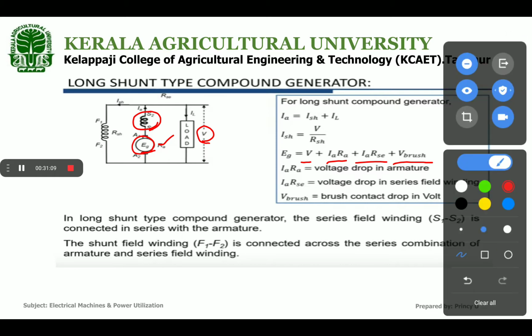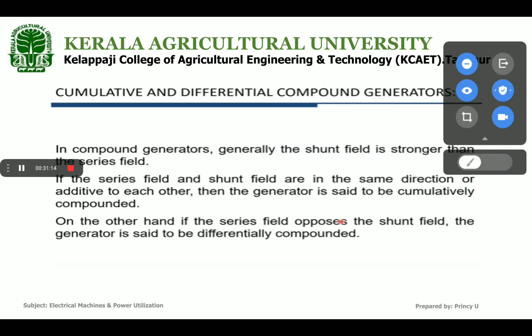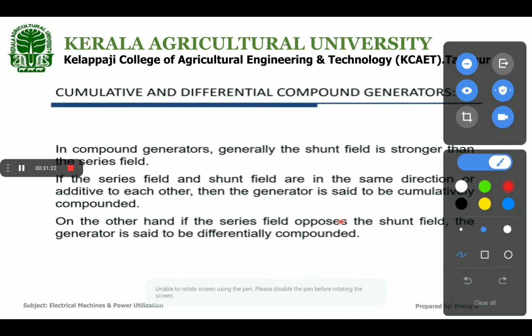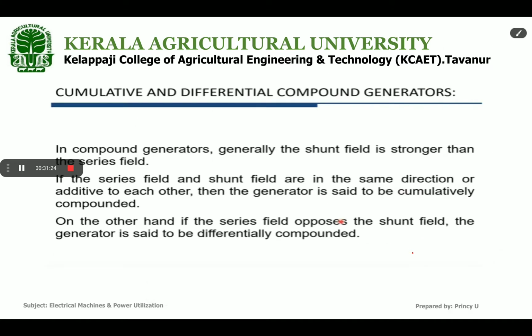So these are the classifications, and another classification of compound generator is cumulative compound generator and differential compound generator. In cumulative compound generator, generally the shunt field winding is stronger than the series field winding.